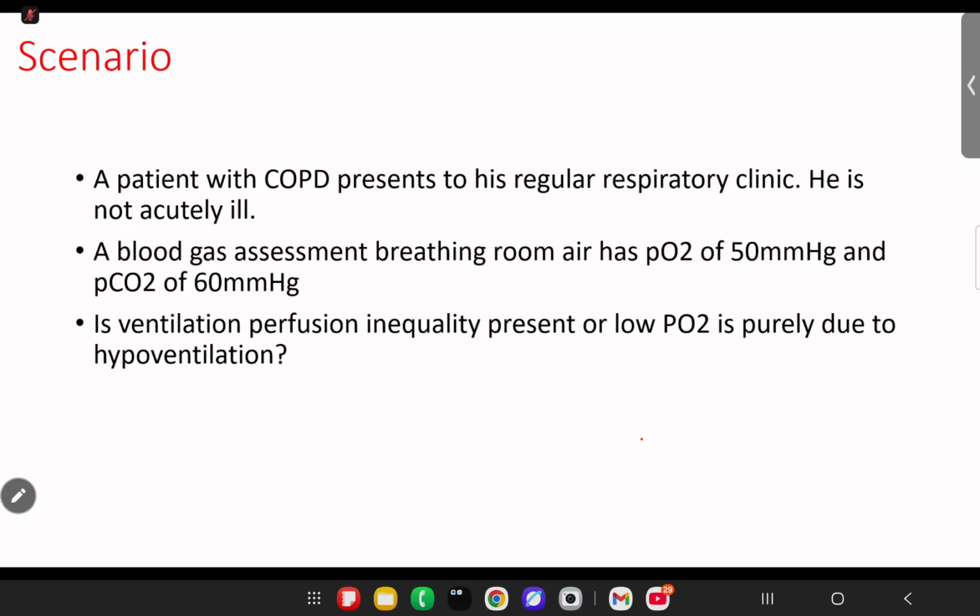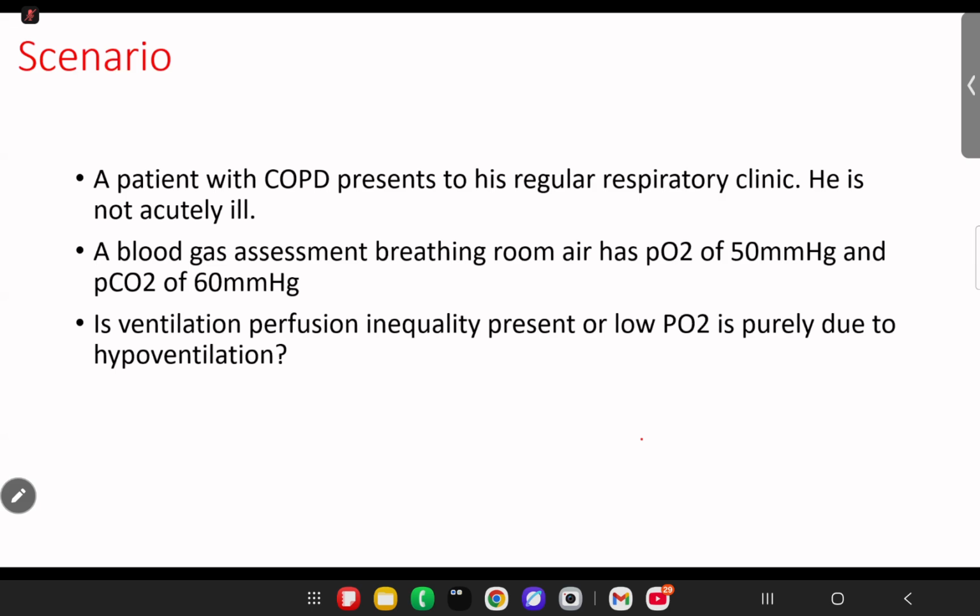So this is a patient with COPD, he is okay. He's not acutely ill. He comes to the respiratory clinic and somebody does a blood gas, breathing room air. He has a PO2 of 50 and a carbon dioxide of 60 millimeters. Now, when you see carbon dioxide of 60, we say, okay, he's hypoventilating.